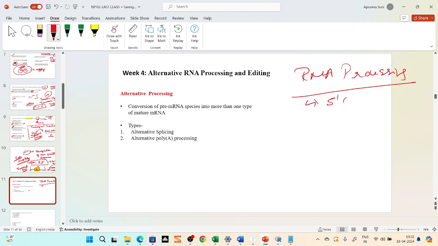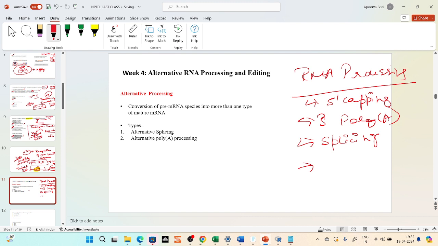We talk about 5' capping, 3' end poly A tailing, splicing, or some modifications like methylation, etc. These are the more famous ones.